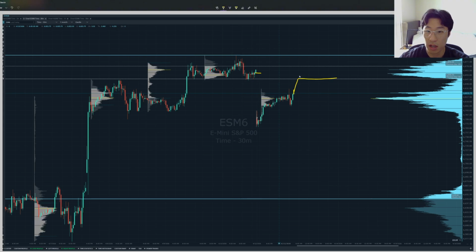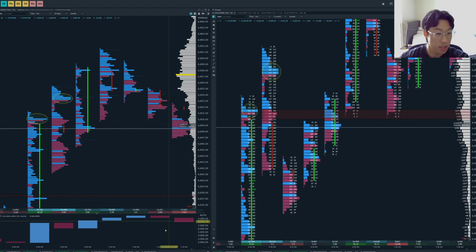But then once I got into the trade and I was looking at my 30-minute chart again, I realized that the gap was actually at this level. So I ended up taking a trade at not a great area. Okay, that was my biggest mistake. I guess it was a stupid mistake, but I guess it happens sometimes, right?